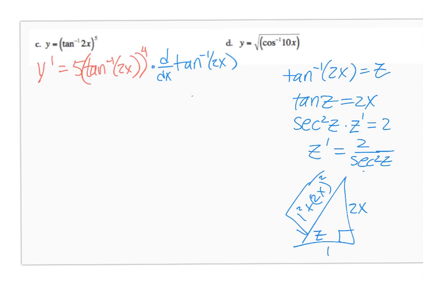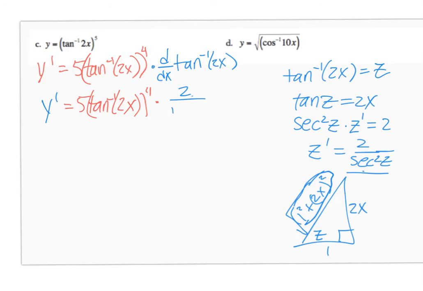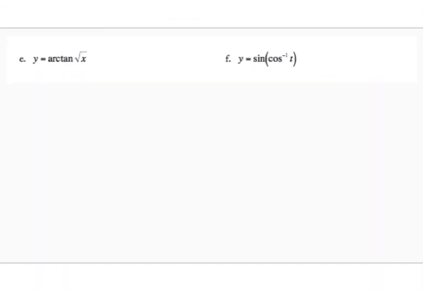Secant squared is going to be h over a, so I'm going to take just this, since that's squaring it, and the derivative here, and then the blue part is what we just figured out for the derivative. 2 over, instead of secant squared of z, 1 squared plus 2x squared. At that point, you are done.